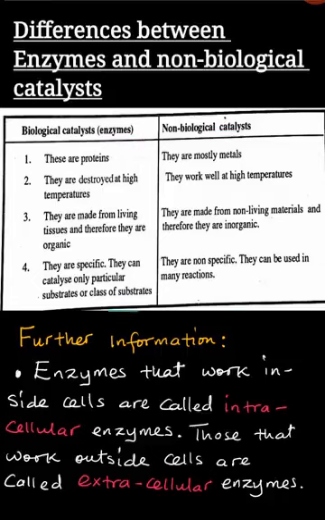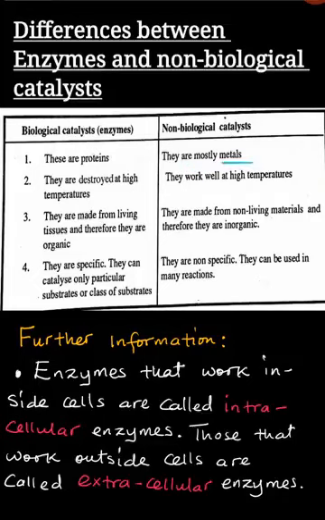Because we have these types of catalysts on both sides, we can easily differentiate between them. The first difference between enzymes and non-biological catalysts is this. Enzymes are proteins in nature, while non-biological catalysts are not proteins in nature.